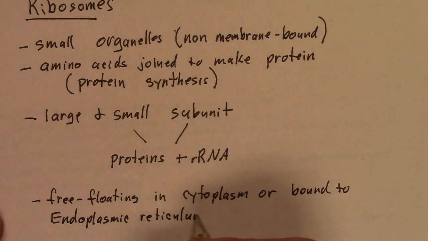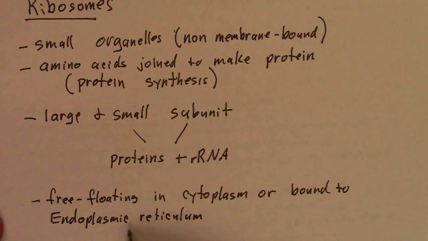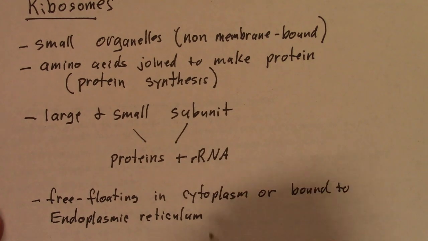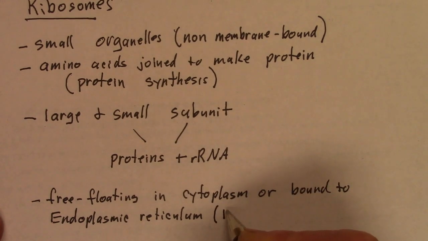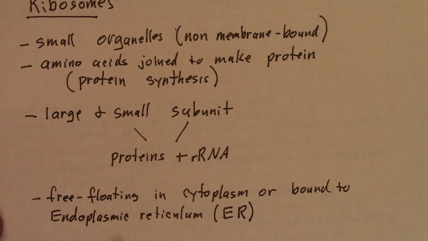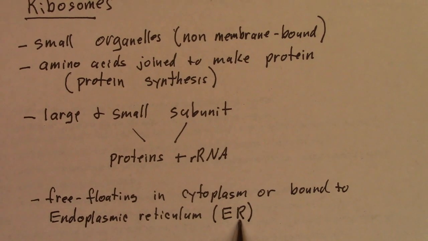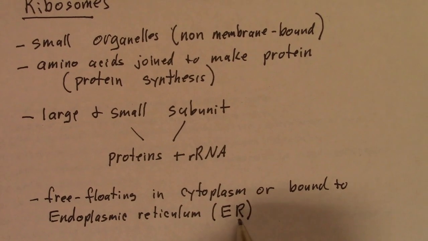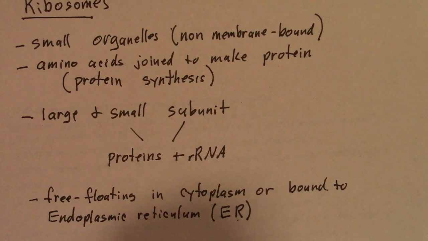And nobody likes to write out endoplasmic reticulum very much, so it oftentimes gets abbreviated as the ER. As long as everybody knows what we're talking about, after we spelled it out once, we can abbreviate it.